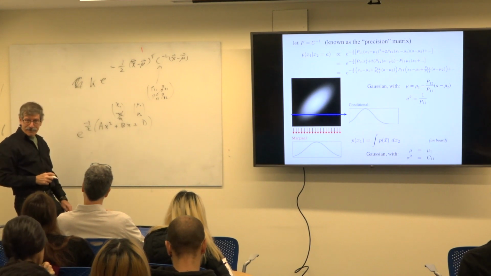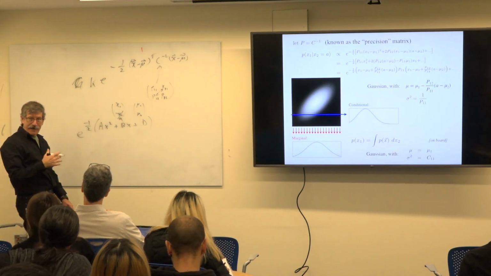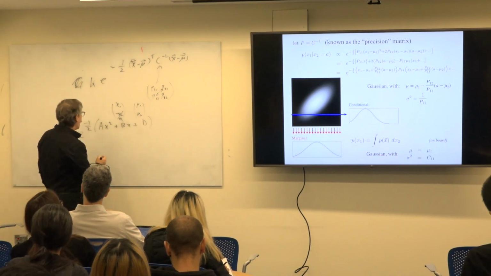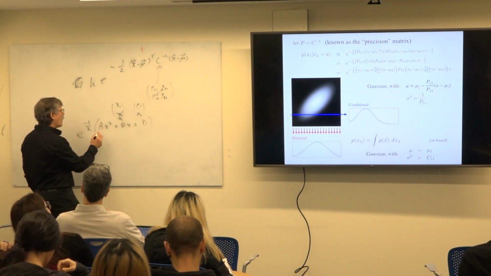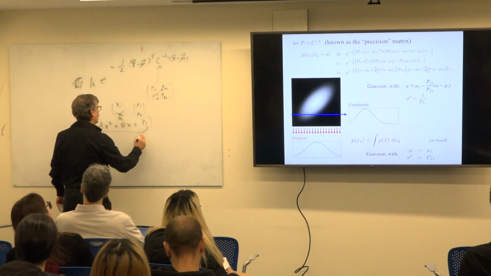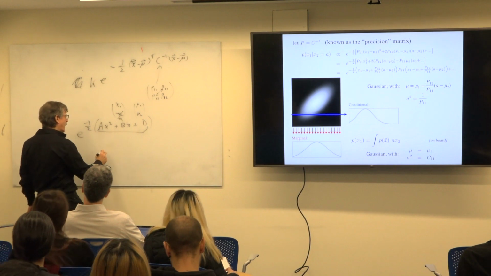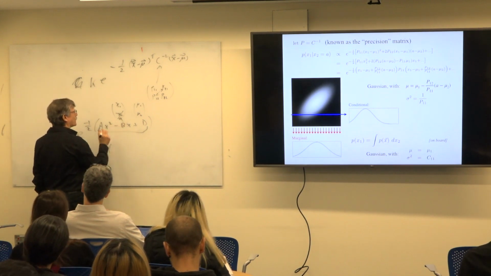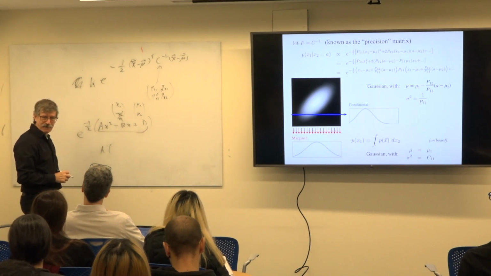That's what we have. And in general, one can play a game where you say, let's take this bit. I can rewrite that as a times, let's make this b minus because it's always going to be minus when you're doing Gaussians. Okay?